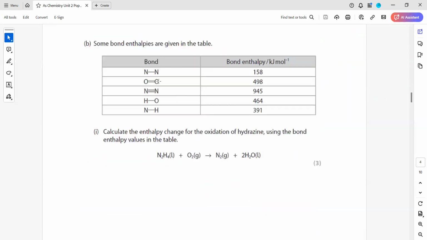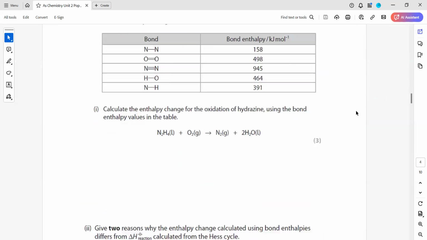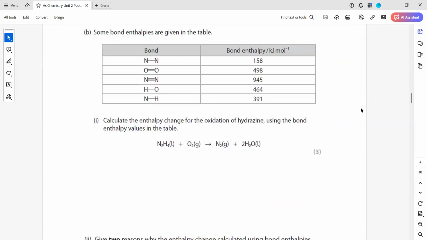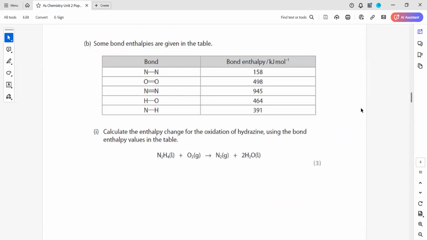Some bond enthalpies are given in the table. So calculate the enthalpy change for oxidation using bond enthalpies. So you have to use the bond breaking side. The structure of hydrazine is N2H4.